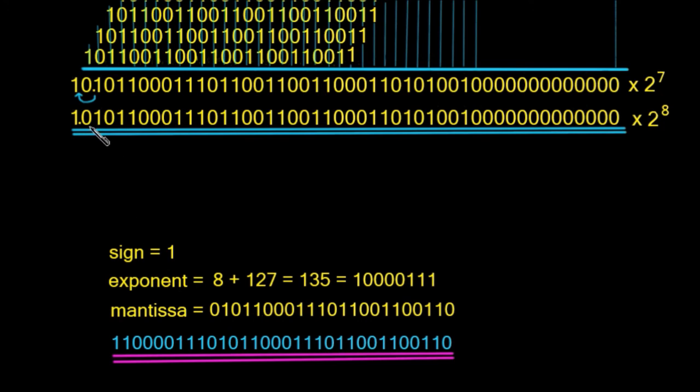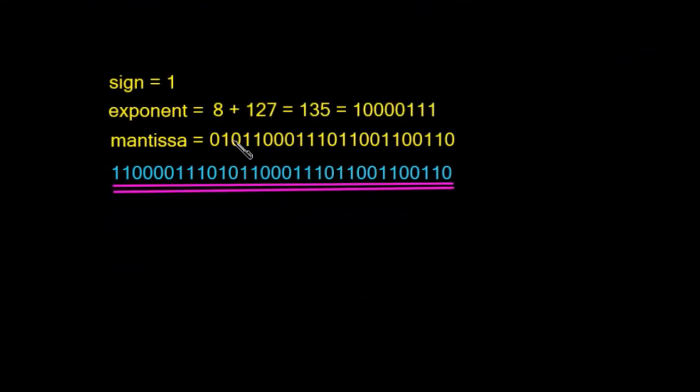So we're going to count along the 23 bits, and we'll chop off what we have at the end. So that means we're going to have this value here for the Mantissa. So finally what we can do is put the sign, then the exponent, and then the Mantissa, and we're going to get this value here.